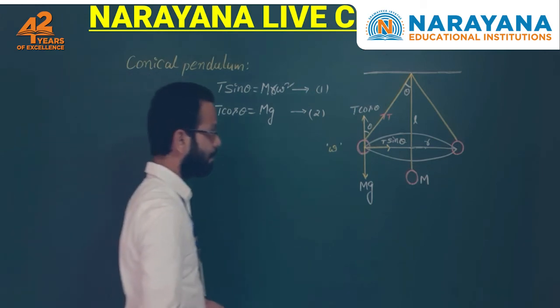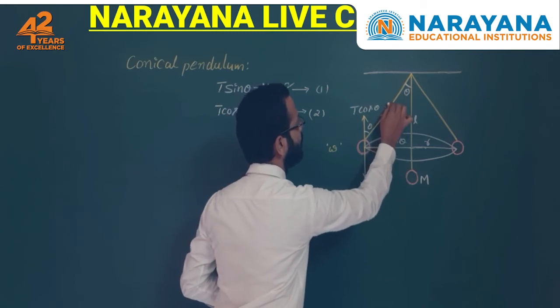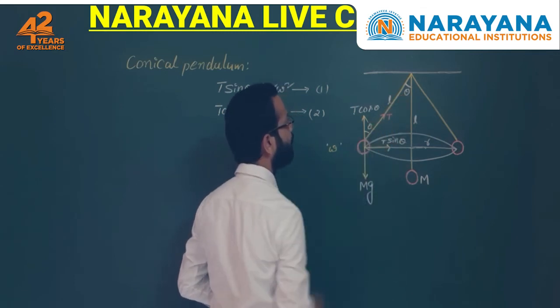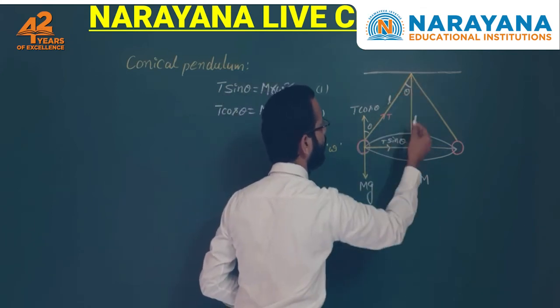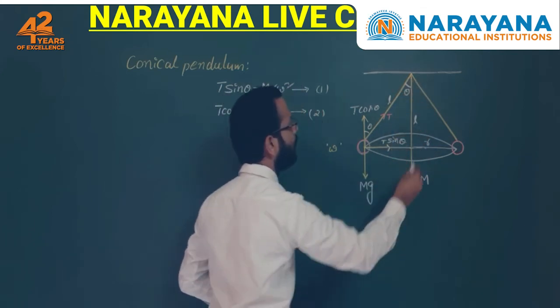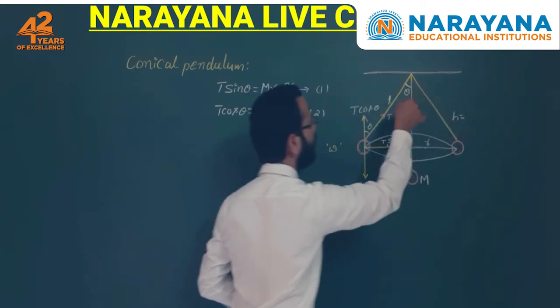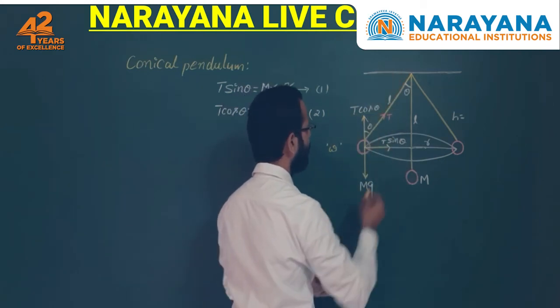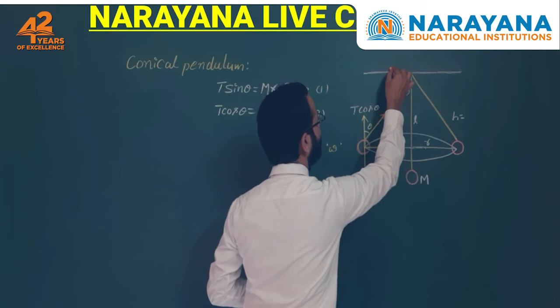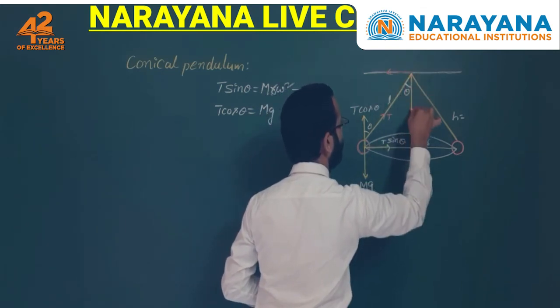And we observe here the length of the string is L, with angle theta, then the height h is, so we can resolve it into two components, one horizontal and one vertical.